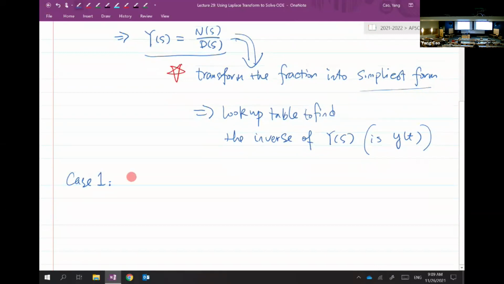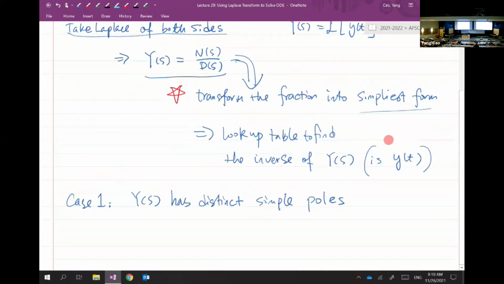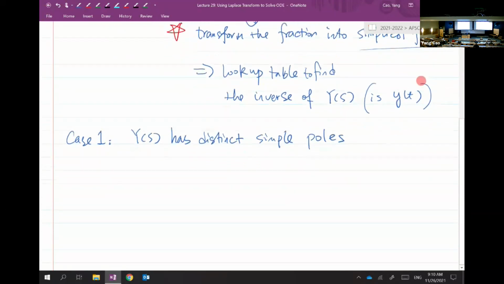Okay, so case 1: Y of s has distinct simple poles. If Y of s, which is a fraction like this, contains simple poles, here's what we do. Chances are you might end up with Y of s looking like this.